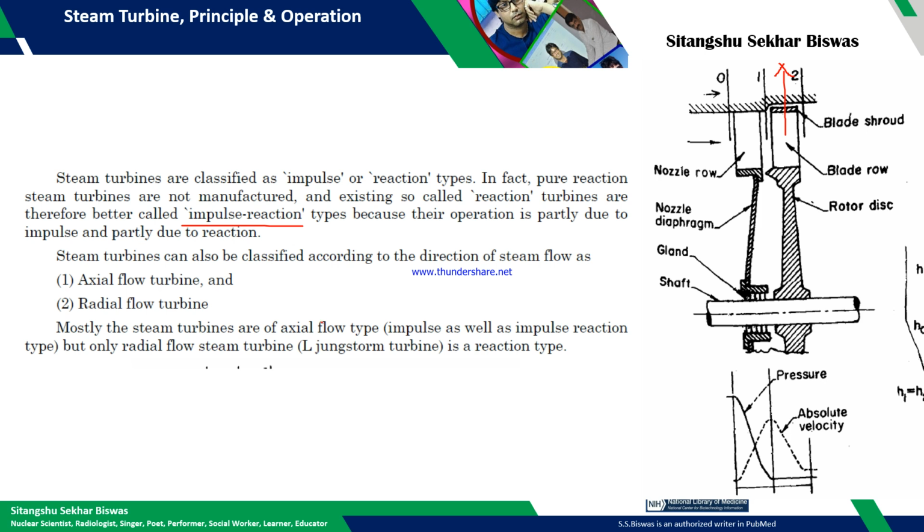So steam turbines are also classified into two categories, which are axial flow turbines and radial flow. But most of the steam turbines are axial flow turbines. So we will discuss these things in more detail.